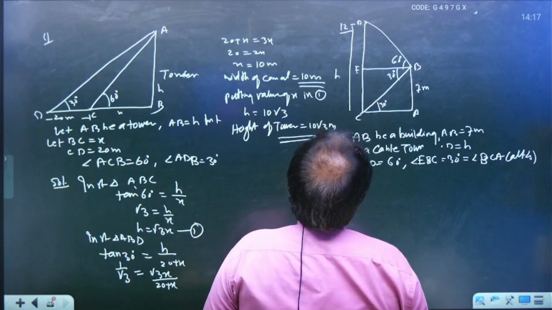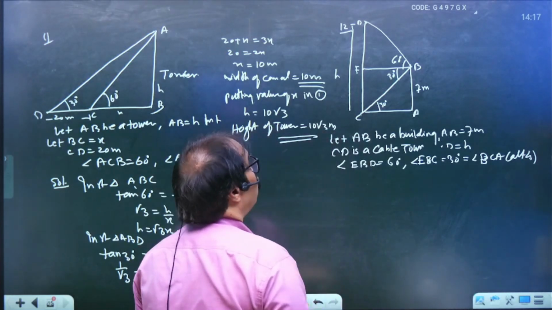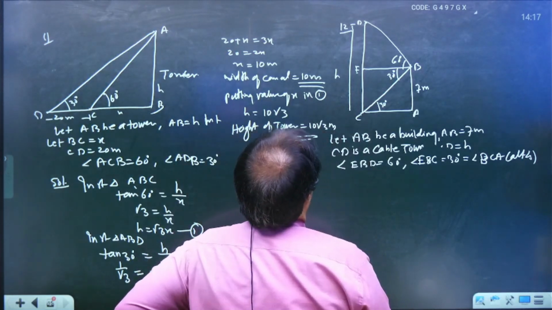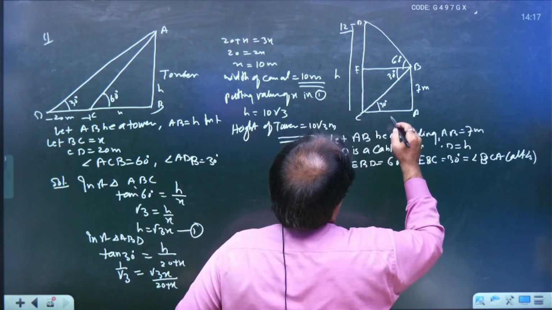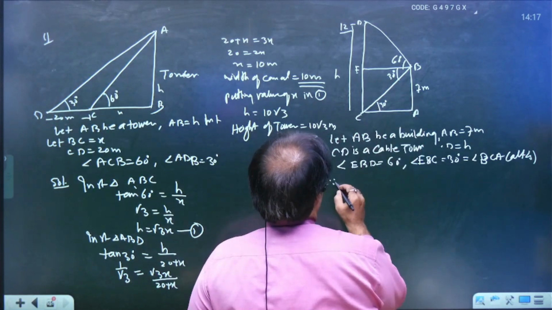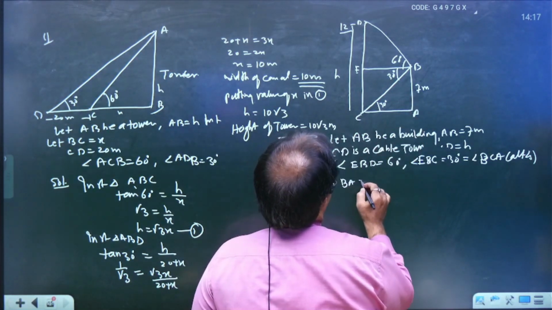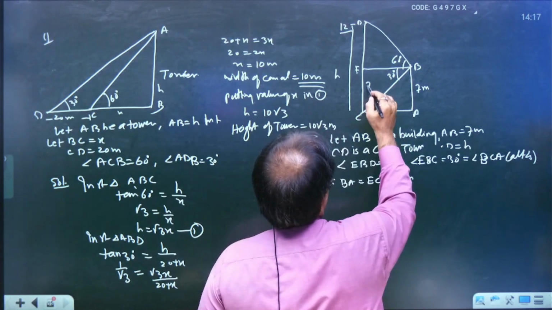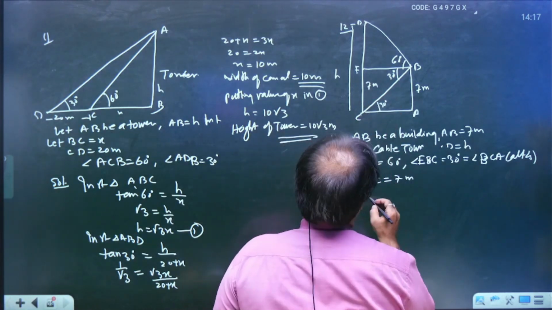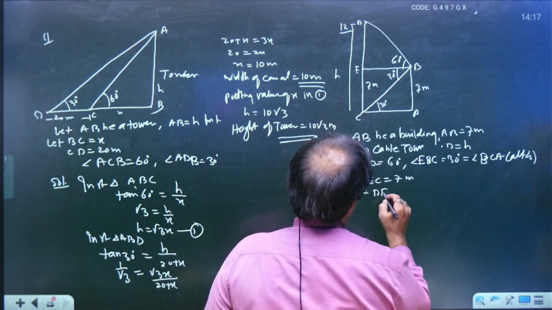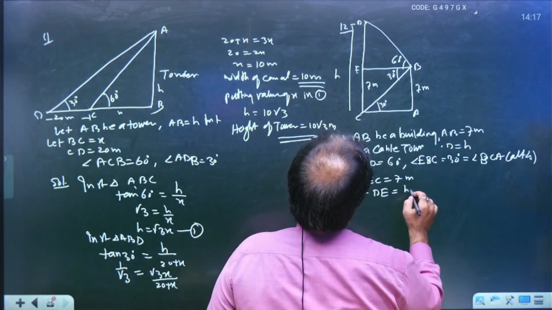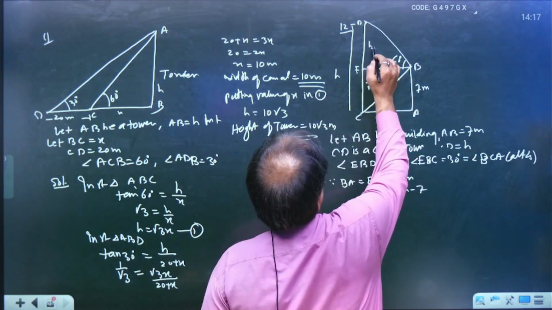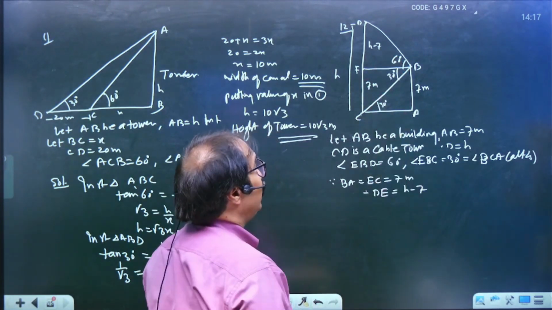Now we have to find H. Since BA is equal to EC is equal to 7 meters, this is 7 meters. So what about DE? Therefore, DE is equal to H minus 7. So this is H minus 7.